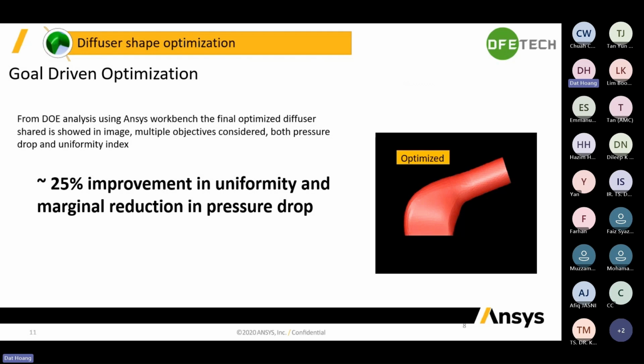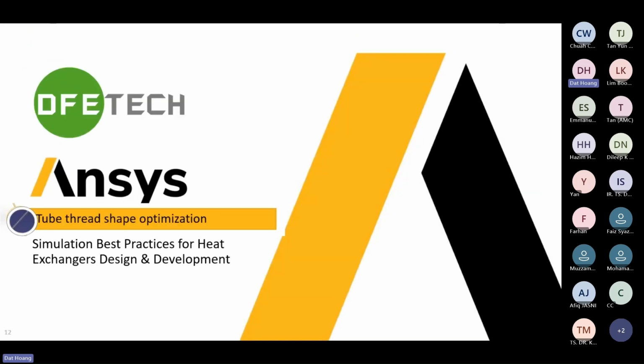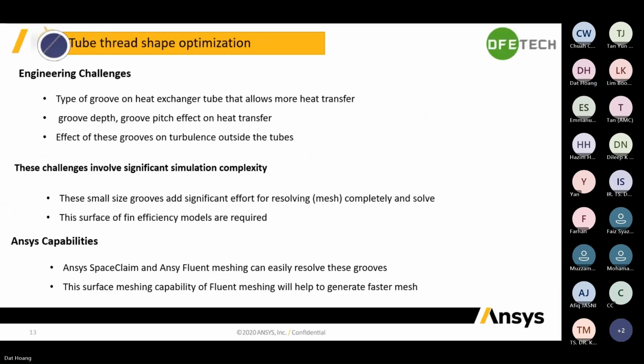Now we will shift to another critical aspect. Tube shape optimization is also a very critical aspect that affects the performance of the heat exchanger. And in this optimization topic, we also face a lot of significant engineering challenges, like we need to design the grooves.